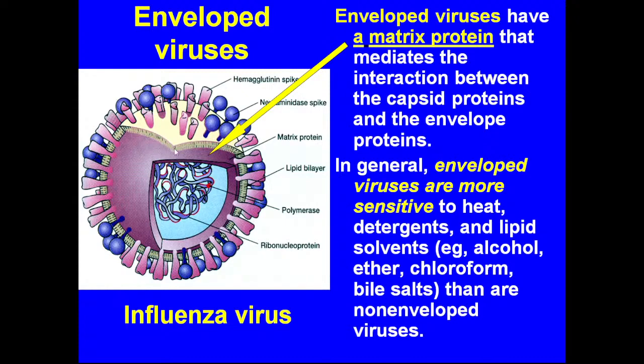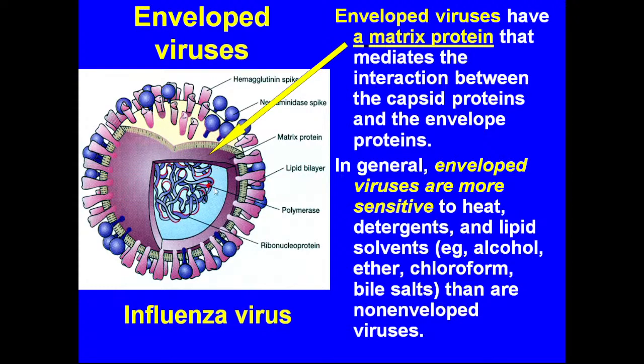Beneath the phospholipid bilayer, there is a layer made up of so-called matrix protein that mediates the interaction between the internal structure, the internal capsid, and the surface envelope of the virus. And that is a very important portion of the virus.